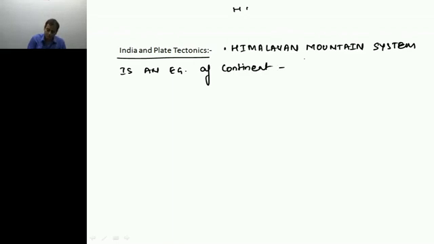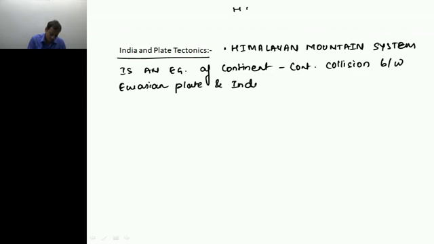Why? Because the Indian plate was a continental plate and the Eurasian plate was a continental plate. The collision was between the Eurasian plate and the Indian plate.